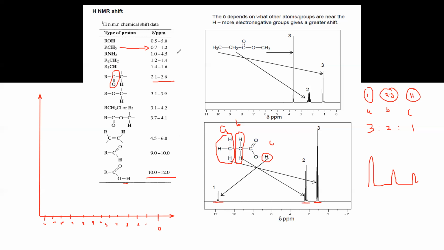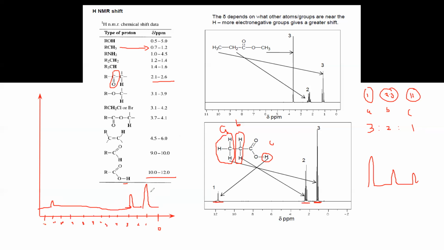For environment A at 1, the height should be 3 centimeters, like the intensity should be 3 times compared to others. Then another at 2.3 should be 2 centimeters. And the other around 11 will be 1 centimeter. This is low resolution NMR.